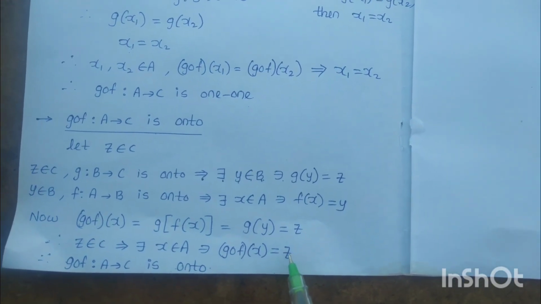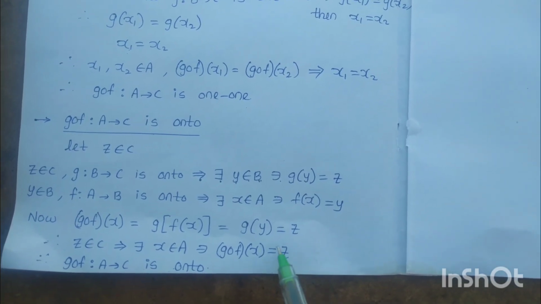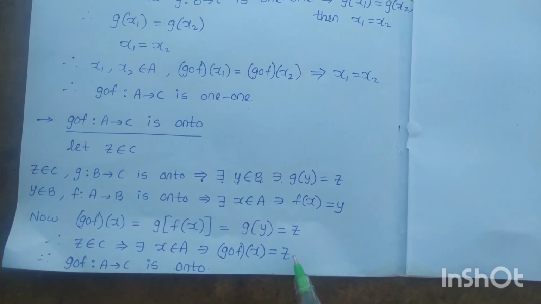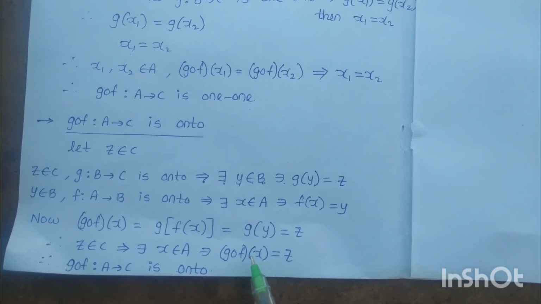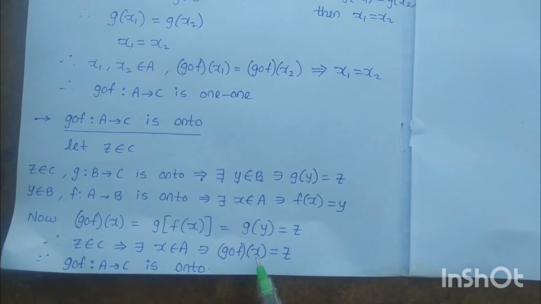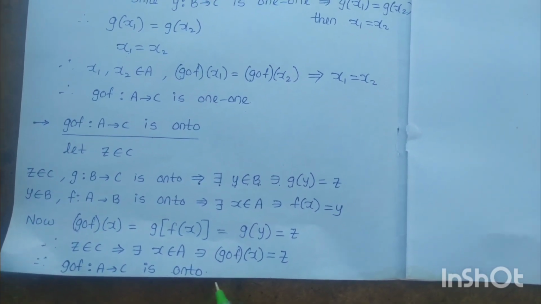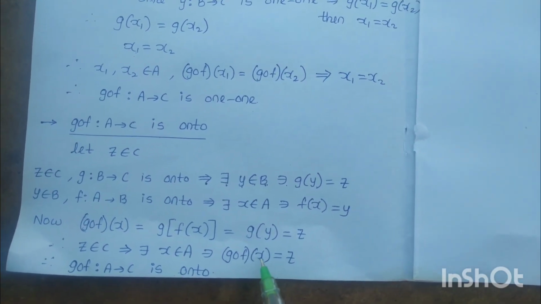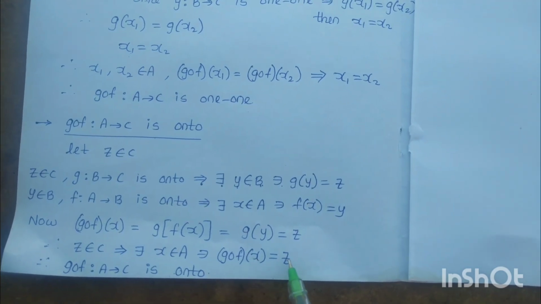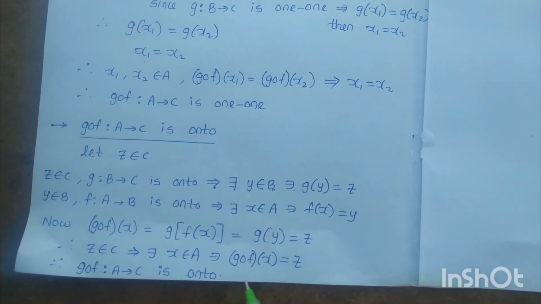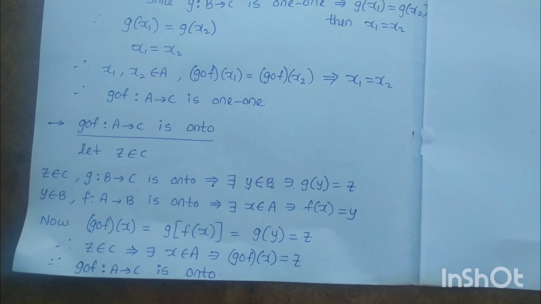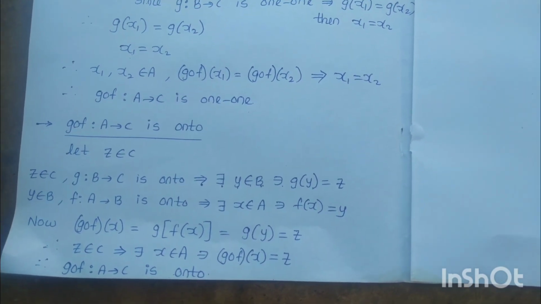Compulsorily, whenever one element is there in C, this element should be mapped to some element which is there in A. Now it is mapped. One element in A, that is x, is mapped to one element in C, that is z. g of f of x is equal to z, so g of f is an onto function.